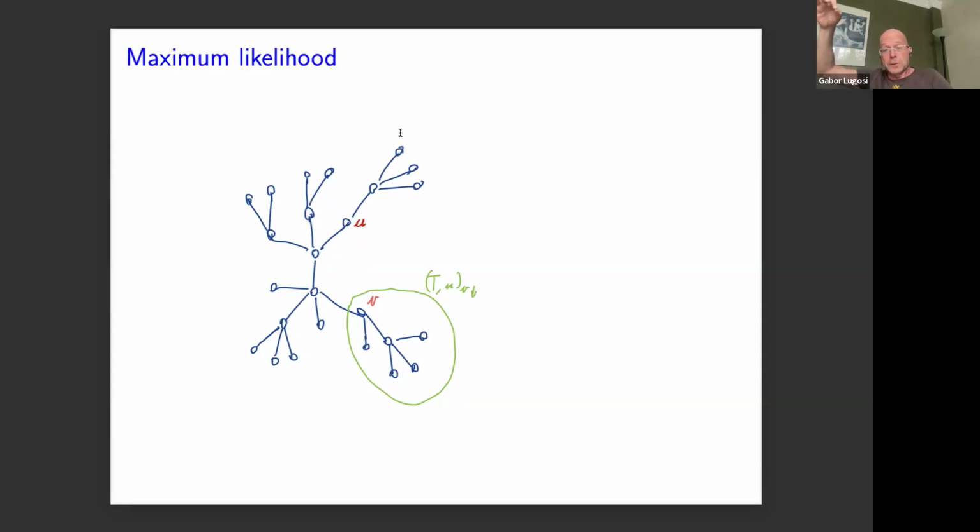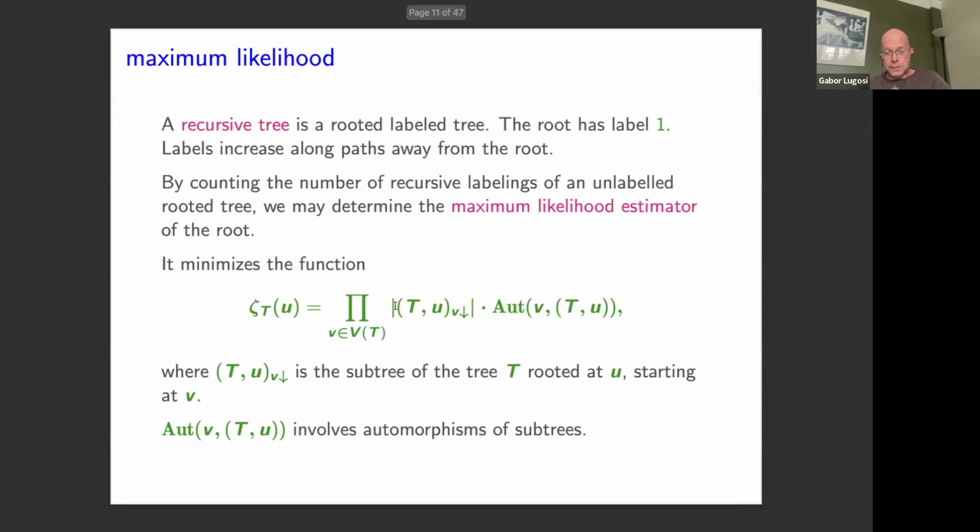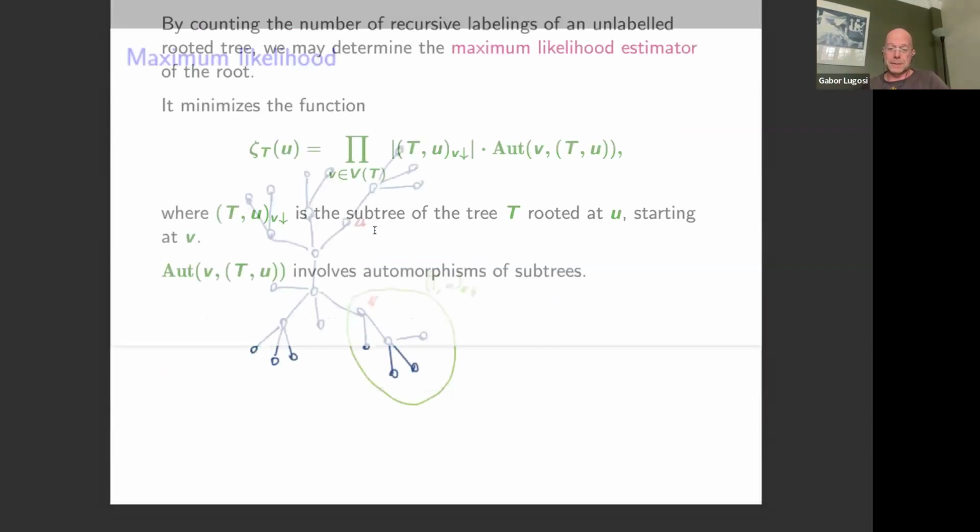For a leaf, it just contributes a factor of 1, but for this vertex it will be 1, 2, 3, 4, 5, 6, with a factor of 6. Those are these factors, and there's this annoying factor that involves automorphisms of these subtrees that hang off. I won't even explain exactly what that is. In any case, we have an expression for the maximum likelihood estimator.